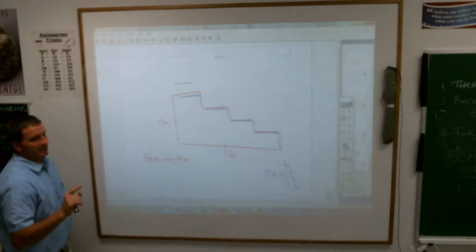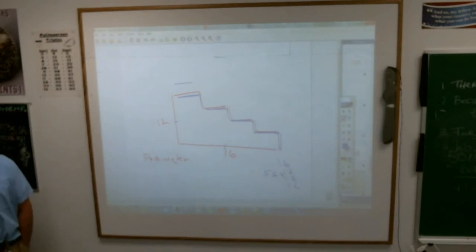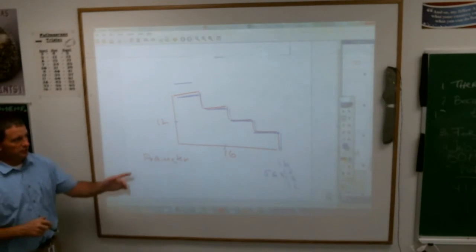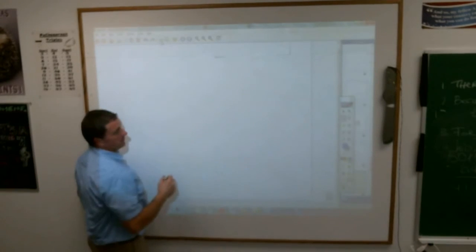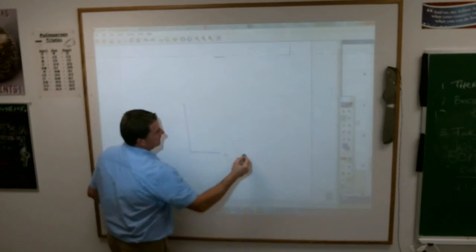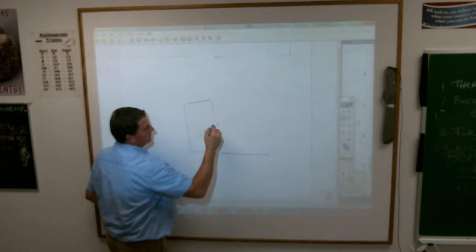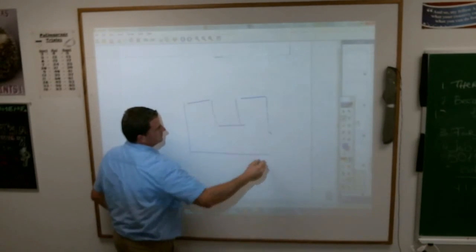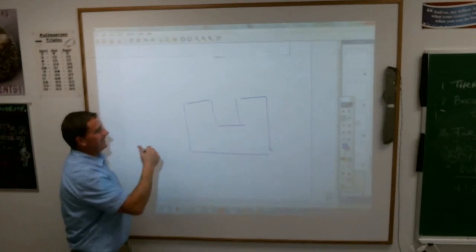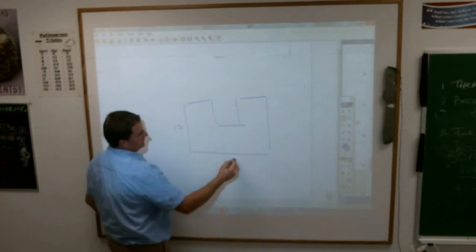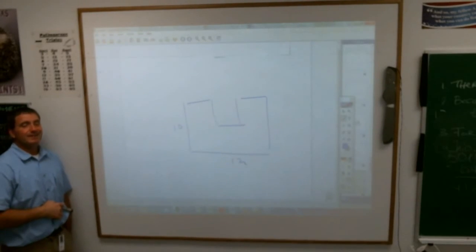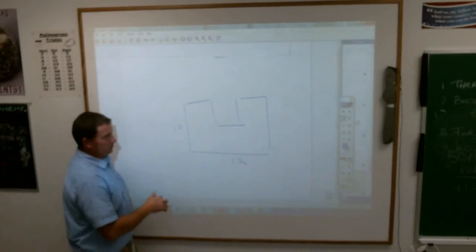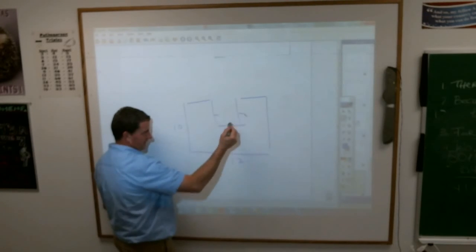Okay. As long as the shape is in a stair form, you can do that. But that would not work for this. It's like 3-dimensional. That would not work for this. If I gave you this as being 10 and this as being 12, could you find the perimeter of that? No. You could find the perimeter of everything but these 2 sides.